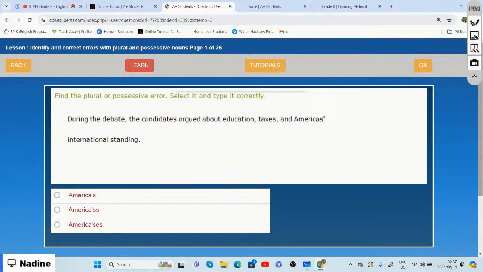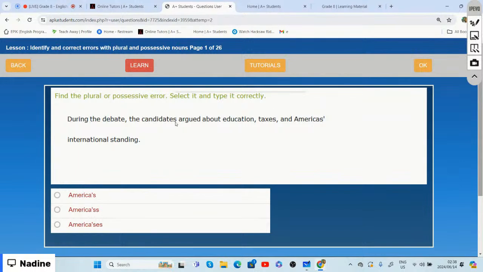All right, so we said we need to find the plural or the possessive error. It says during the debate, the candidates argued about education, taxes, and America's international standings.